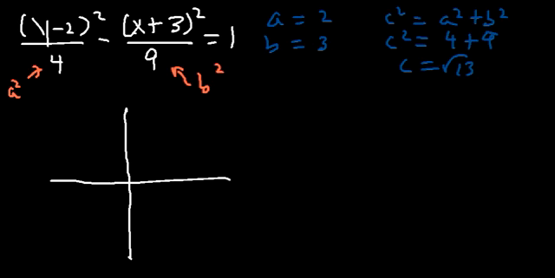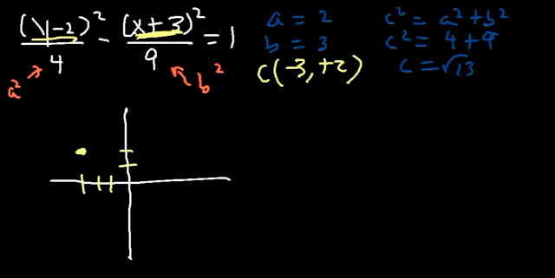The center is, let's look at the x value first. So it's negative 3, and the y value is positive 2. So it's at negative 3, comma 2. Now, since a is 2, and it's under the y, we need to go up 2 units and then down 2 units.